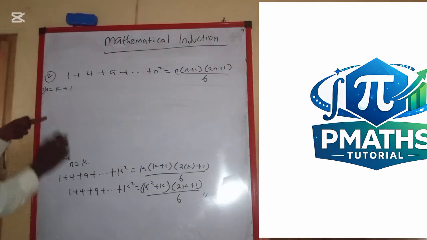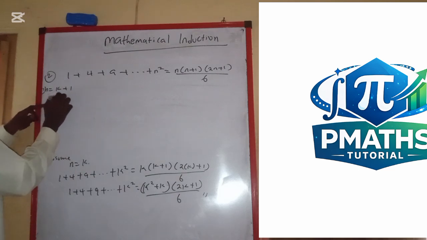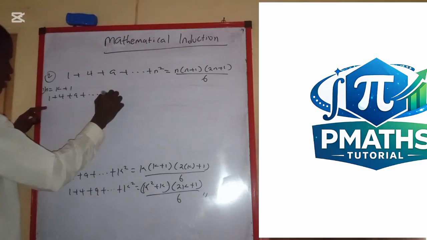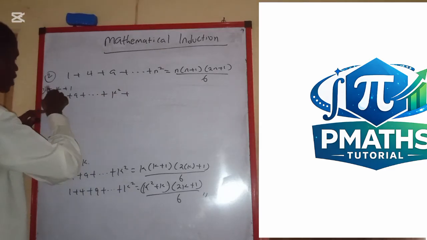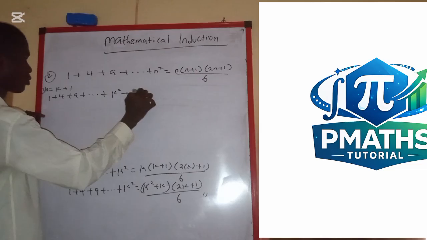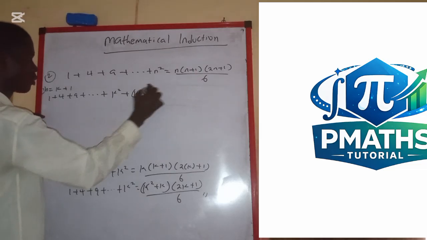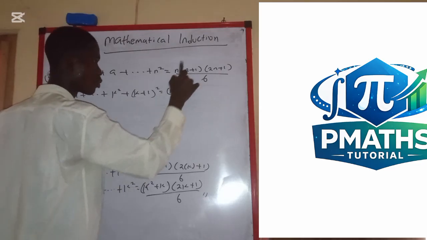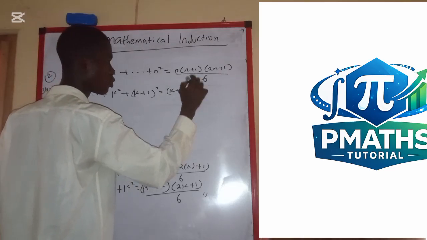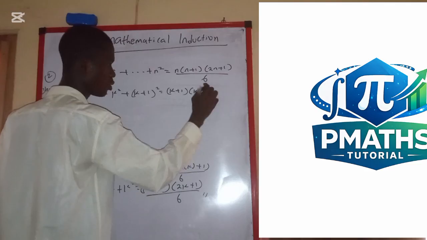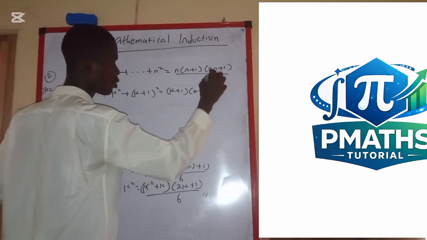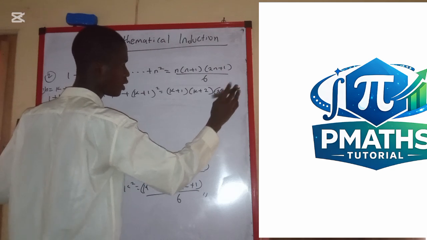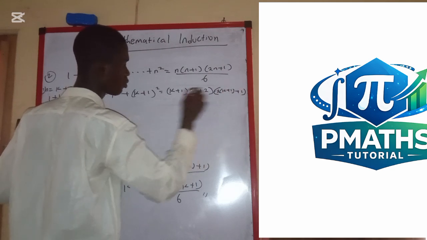So from here, we have 1 plus 4 plus 9 plus dot dot dot plus k squared, then it ends with (k plus 1) squared. Then this is equal to k times (k plus 1) times (2 times (k plus 1) plus 1), which is 2 brackets k plus 1 plus 1.